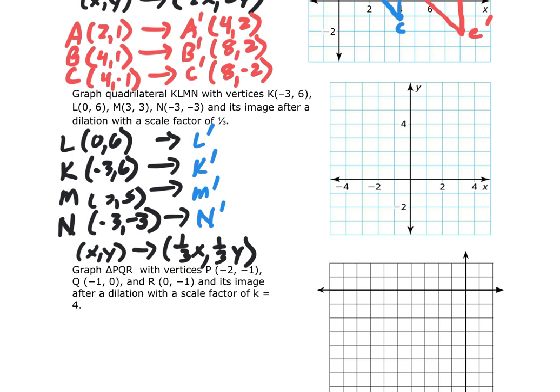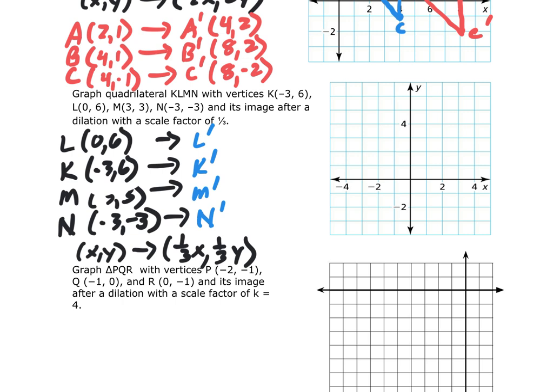Okay, so what we're going to do is the same as we did up above. The one up above was easy because we're doing a scale factor of 2, so all I have to do is double everything. Well, here we've got a scale factor of 1/3. And I told you we were going to give you really easy numbers. If I multiply by 1/3, what is that the same as? Dividing by 3.